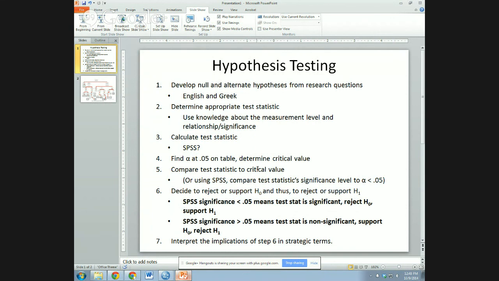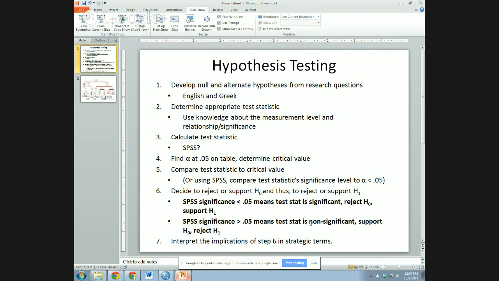We then determine the appropriate test statistic based on what type of tool we need and what the measurement tool is. Is it categorical or is it continuous? We then calculated the test statistic using SPSS. We then determined the critical value relative to that test statistic, or just looked at the test statistic significance in SPSS.